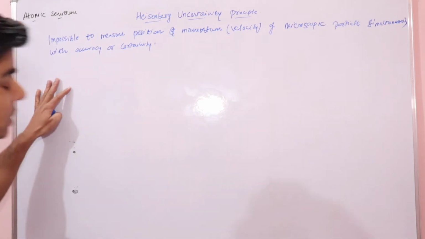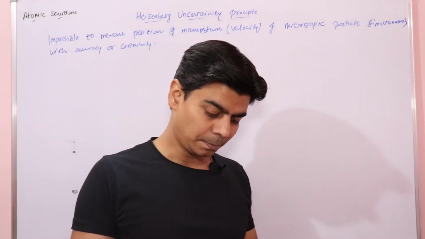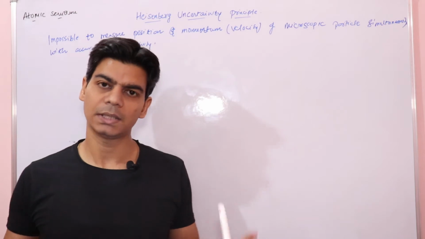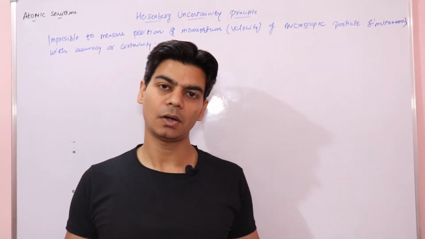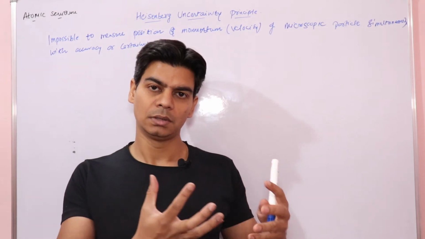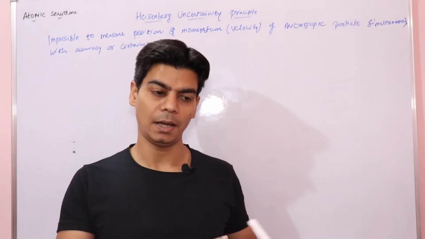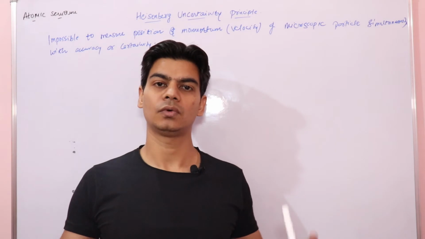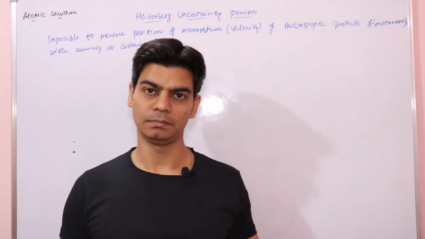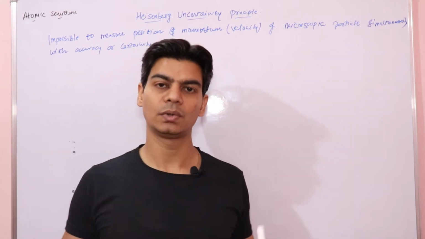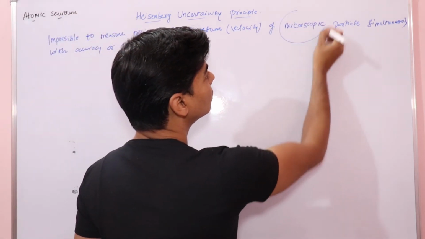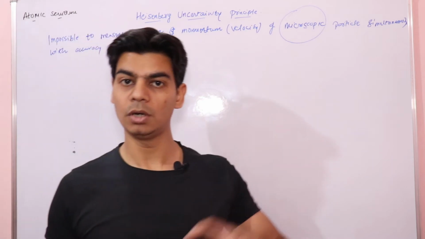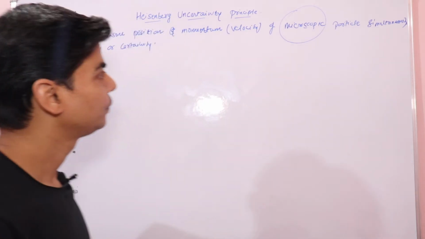So simply it means it applies to microscopic particles like electrons, and as per Heisenberg uncertainty principle, we cannot determine the position and momentum of a small moving microscopic particle accurately or with certainty.